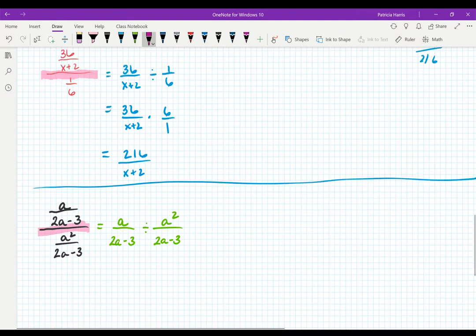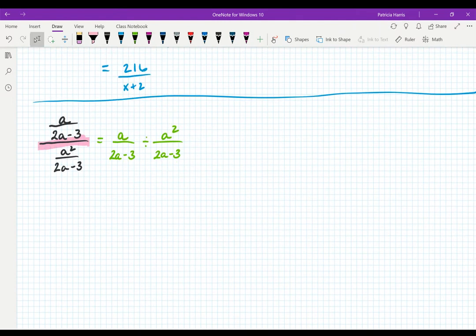So again, we're going to rewrite that as multiplication, multiplied by the reciprocal. So now what I'm going to do is multiply top times top, bottom times bottom.